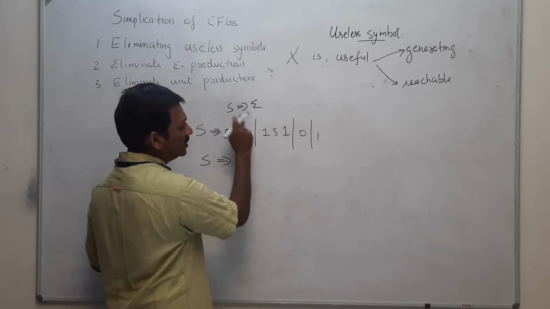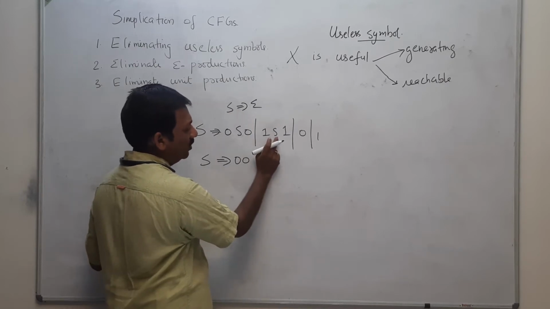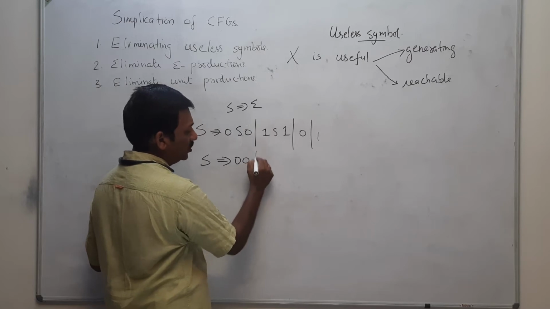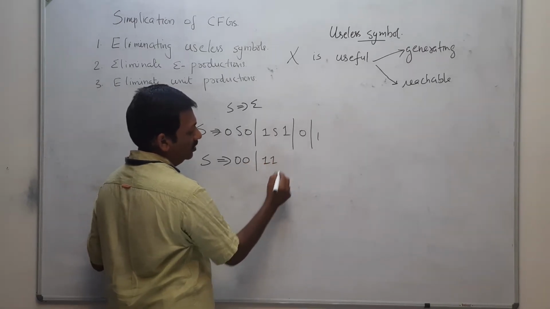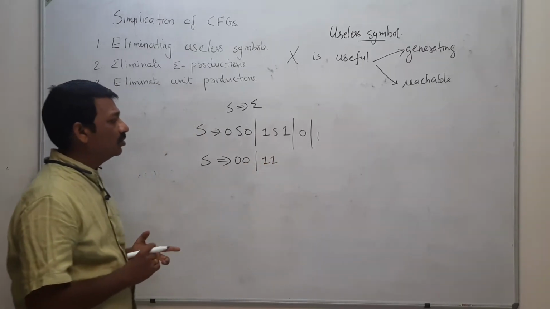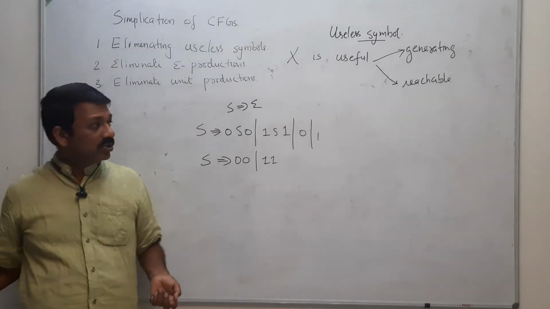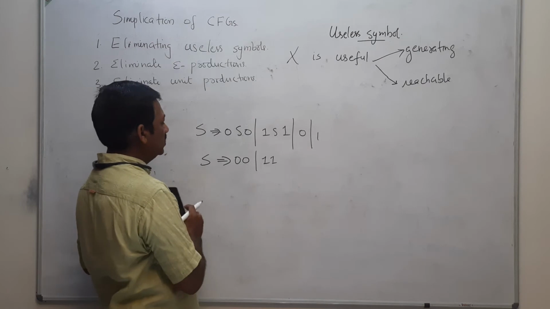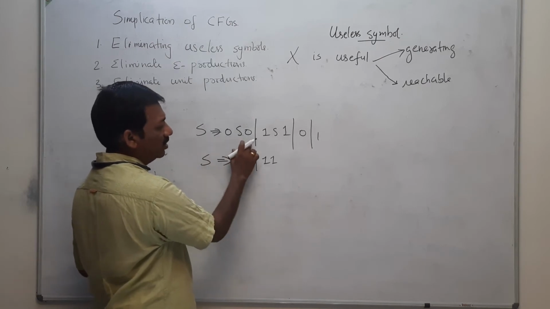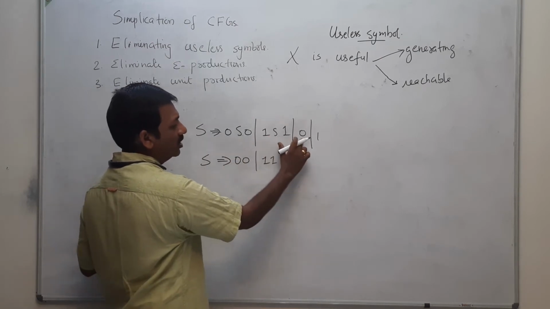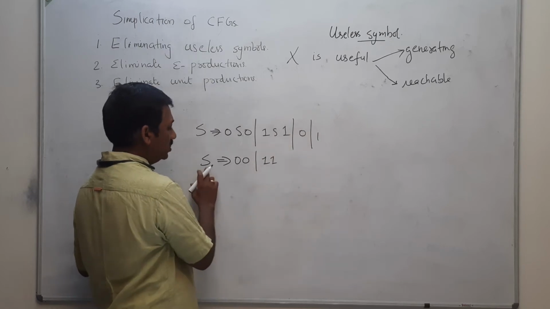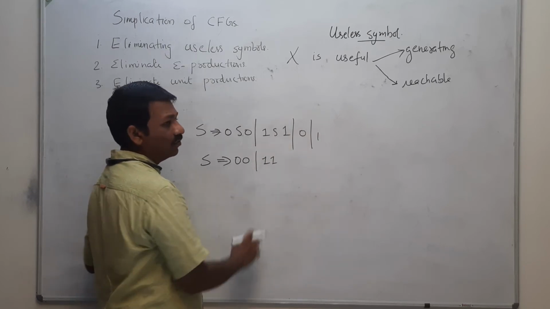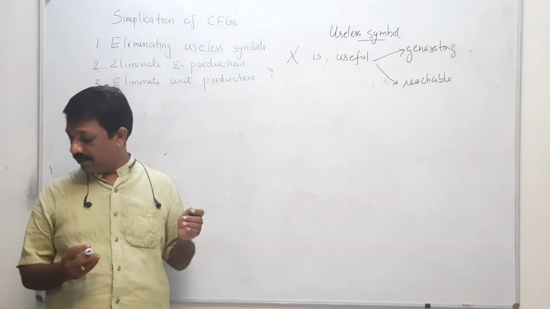And if you put S as epsilon here, you will get another production 11. That means now after eliminating this epsilon production, the grammar is S derives 0S0, 1S1, 0 or 1 or 00.